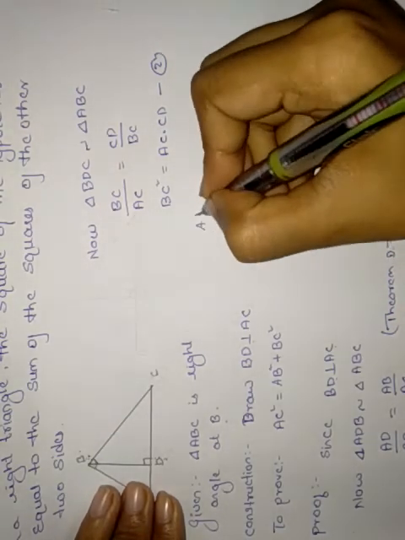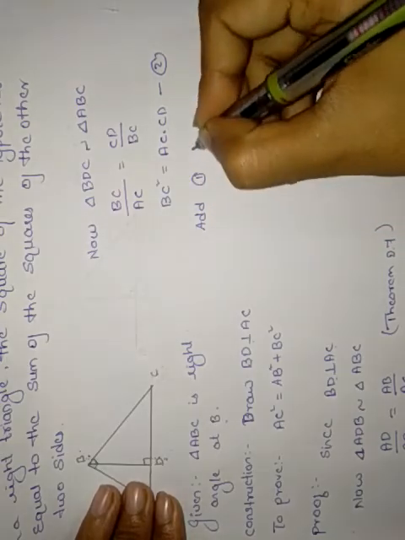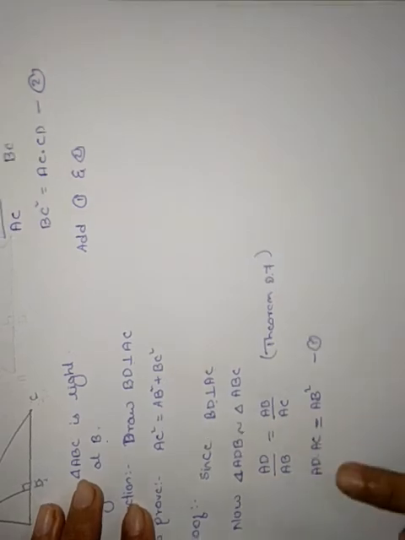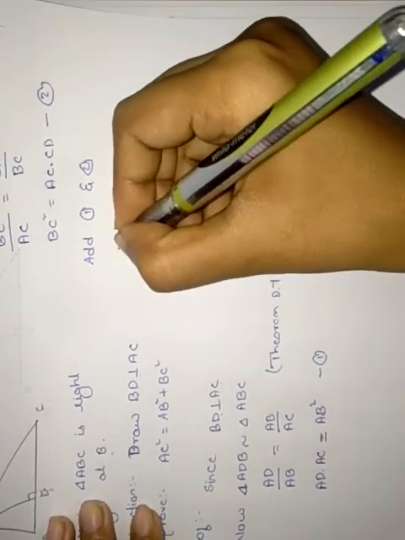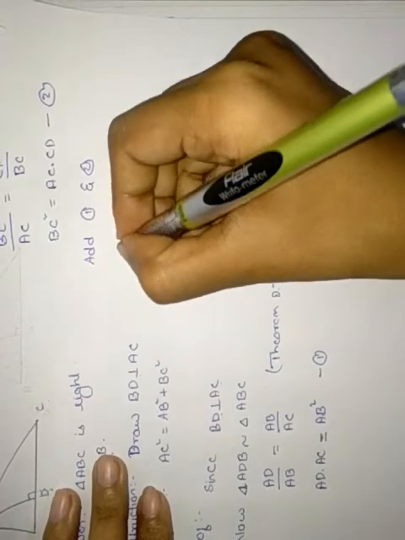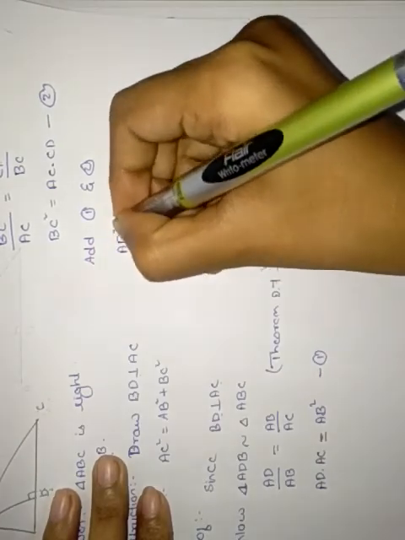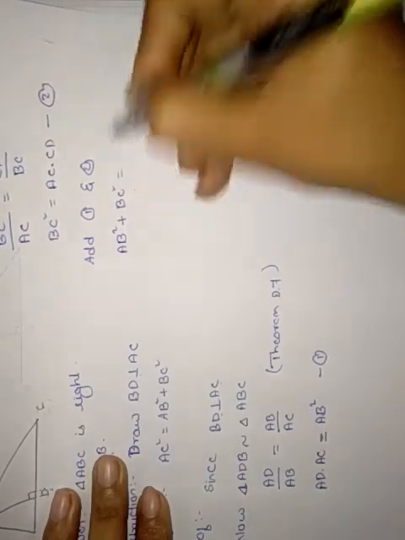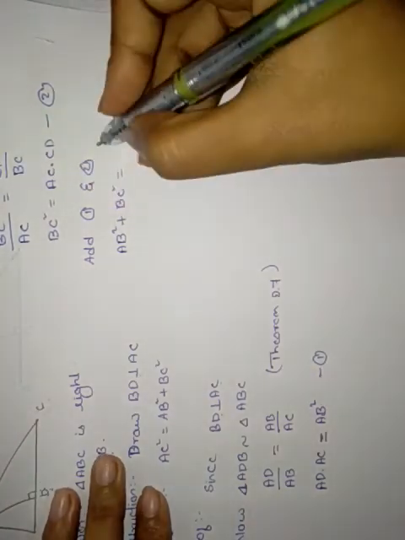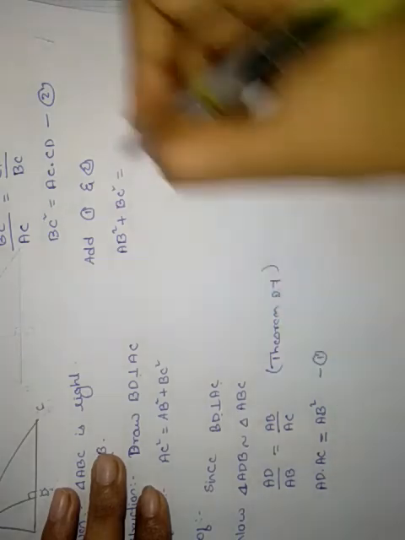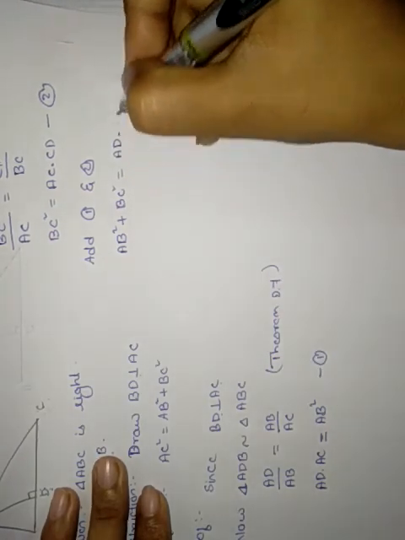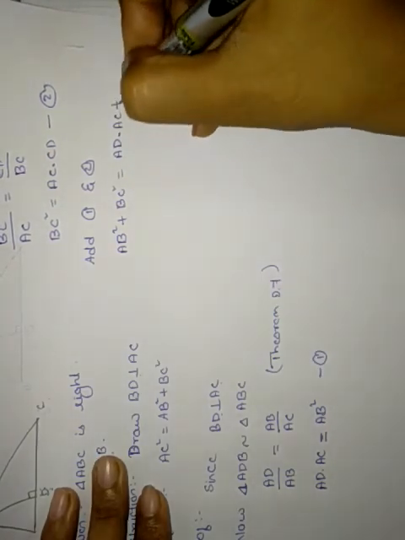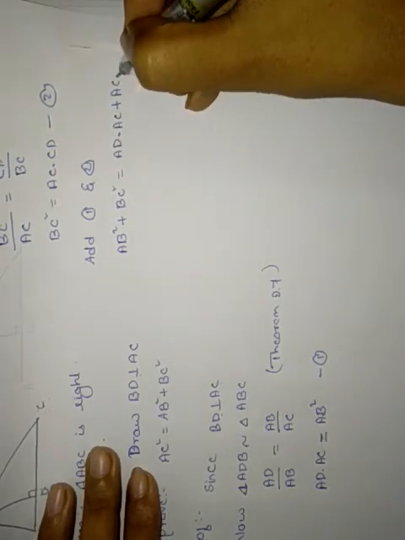Adding equations 1 and 2. Here from 1 what we have got is AB square, and from the second equation BC square is equal to AD into AC plus AC into CD, right?